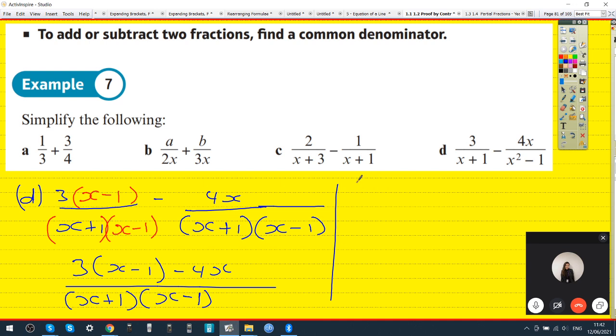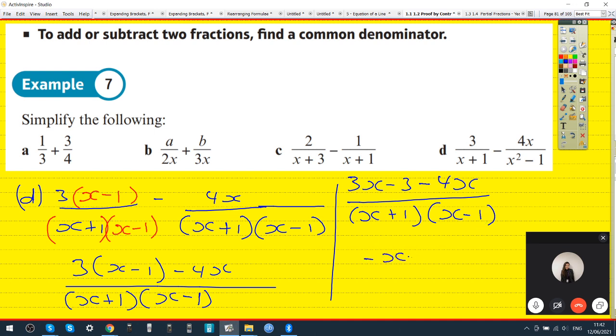So you multiply by the 3 on the bracket, which gives you 3x minus 3. Could you factorize out the minus 1? Don't worry about that, just simplify. And you get minus x minus 3.